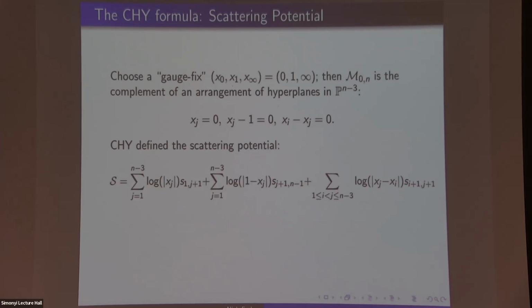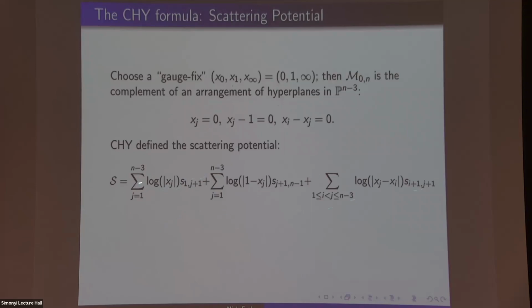Okay, the first ingredient in the CHY formula, the so-called scattering potential. We have the following kinds of hyperplanes: xj, xj minus 1, and xi minus xj. We take the scattering potential S, we take the logarithm of each of these multiplied by the corresponding Mandelstam invariant, and sum over all possibilities.